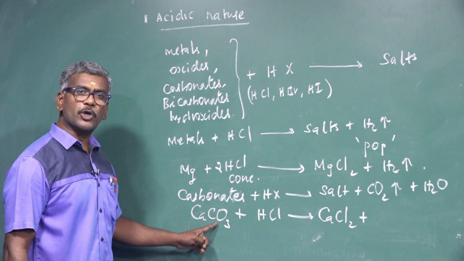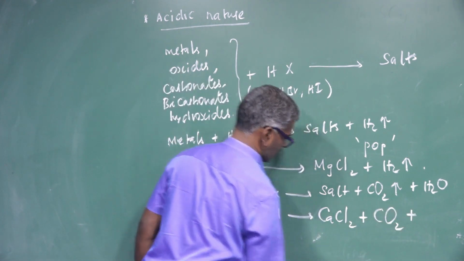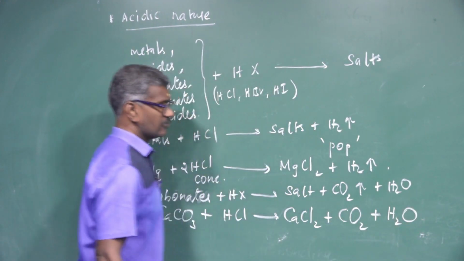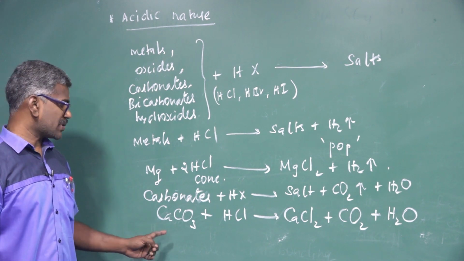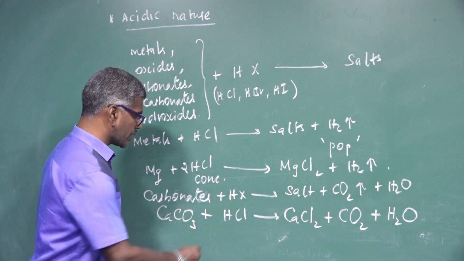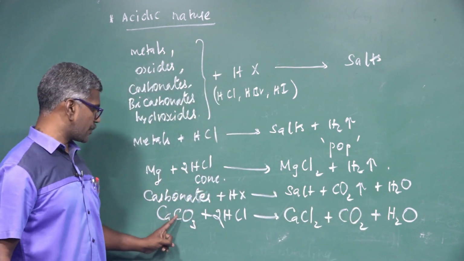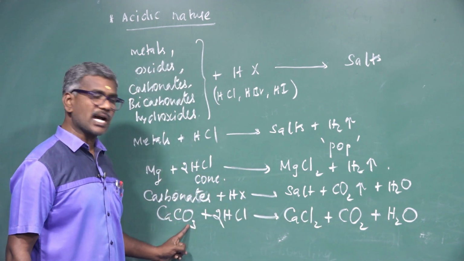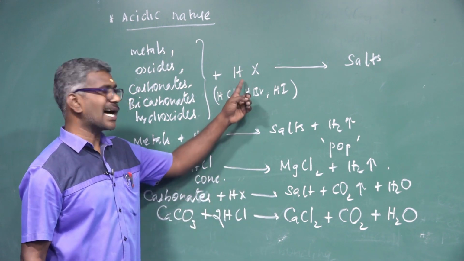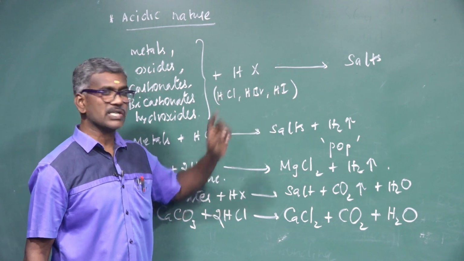Carbonate produces carbon dioxide, CO2. Hydrogen reacts with oxygen to form H2O. Balanced equation: 1 calcium on both sides, 2 chlorine, 2 hydrogen, 1 carbon, 3 oxygen. This property is known as the acidic nature of HX, that is HCl, HBr and HI.